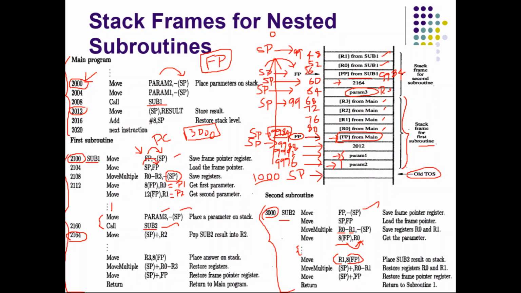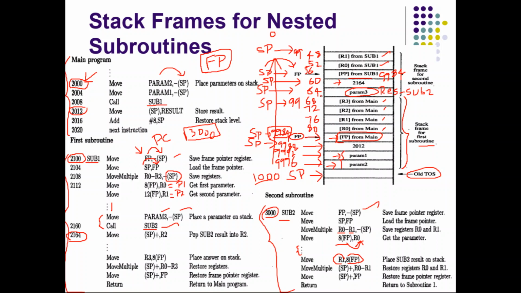That is what this statement is doing. R1 contains the actual result, but we want to store it somewhere, so move R1 comma 8 of FP places the subroutine 2 result at address 9964.